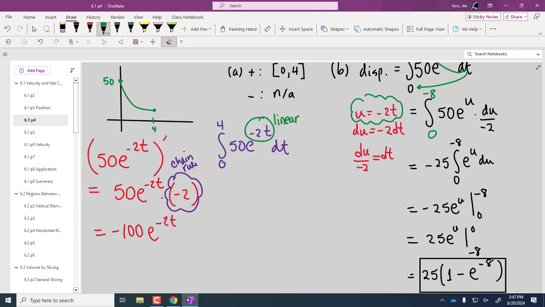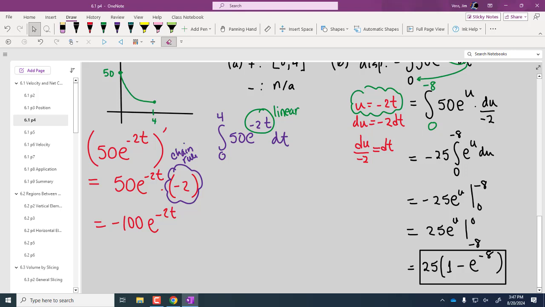If the chain rule gives the answer with multiplication, what do you think the reverse chain rule does? Division, which we see right there. Isn't -2 the same number that we used over here for chain rule? The only difference is that we divided by -2. So here's what we do using reverse chain rule.